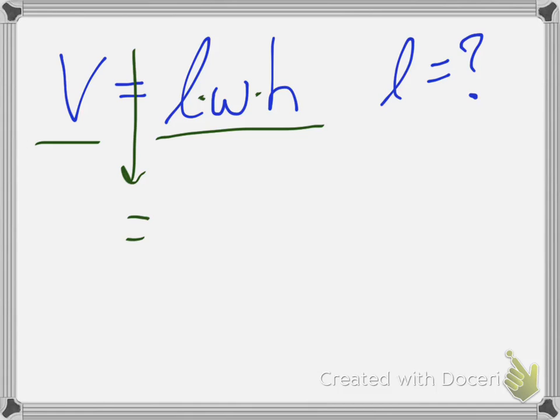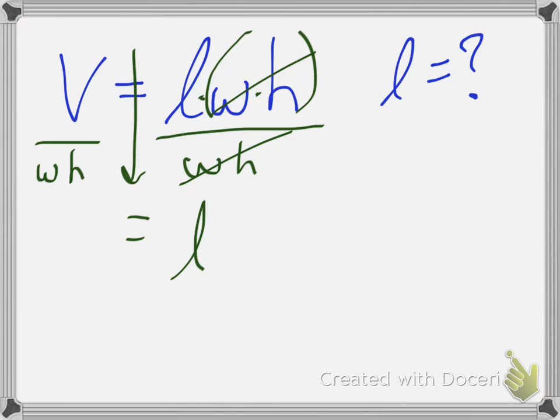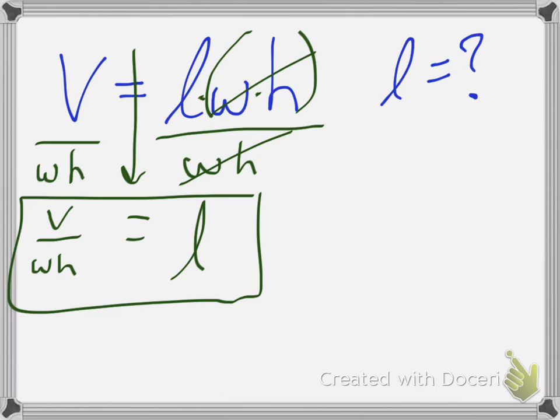Bring down my equal sign. Because of the associative property, I can divide these in different orders, so I can take out W and H together. So I'm going to divide WH on both sides. WH divided by WH is 1, crosses out, so you get L. On the other side, we get V over WH. And that's it, until you have numbers to plug in.